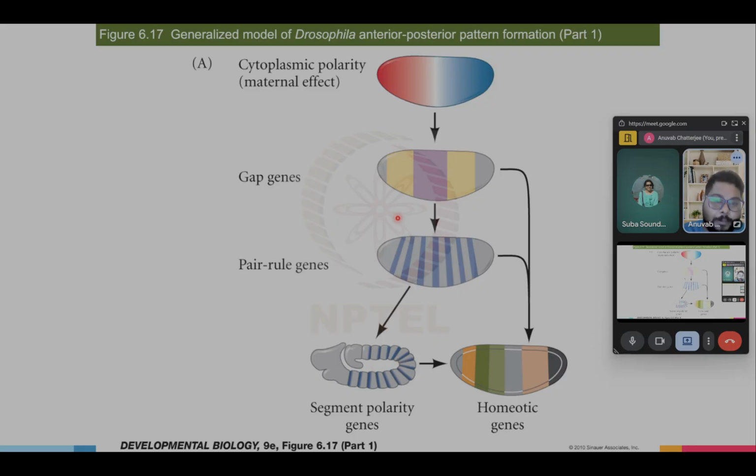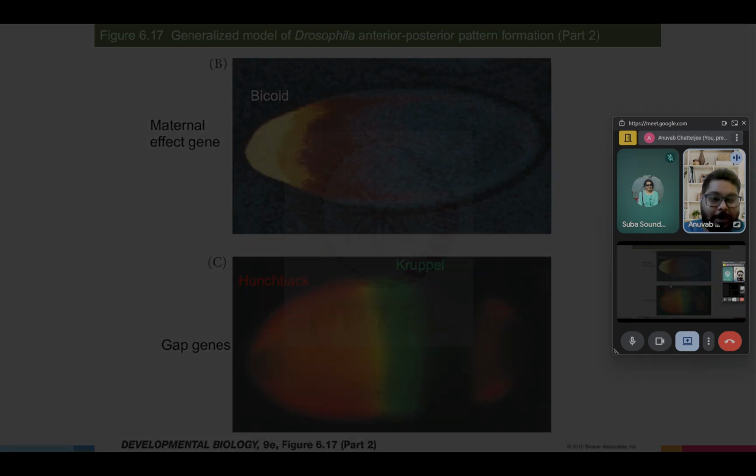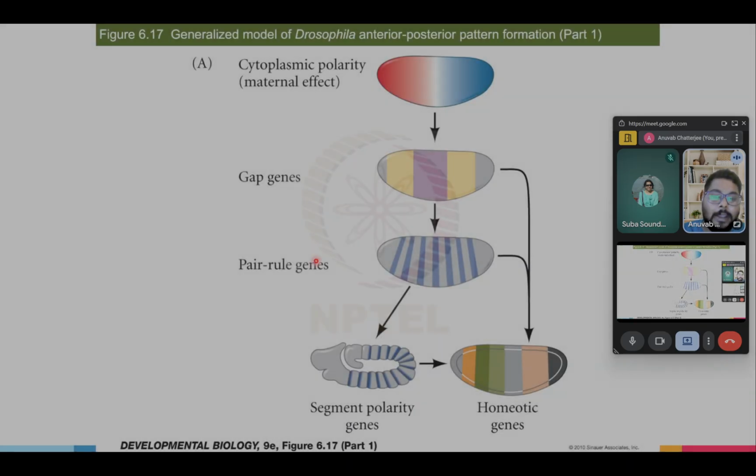Yeah, and you have raised a good point. So when we are talking about the gap genes, it is still a syncytium. When we are talking about the pair rule genes, it is still a syncytium. But by the time the segment polarity genes come up, the embryo has cellularized. So the cells are actually divided into smaller parts. Instead of there being a complete cytoplasm with a lot of nuclei in it, now they have different cells.